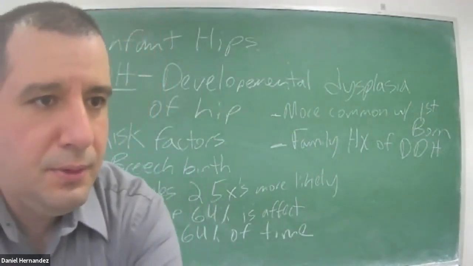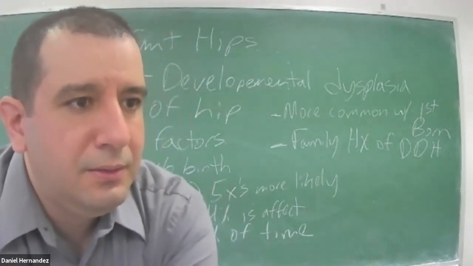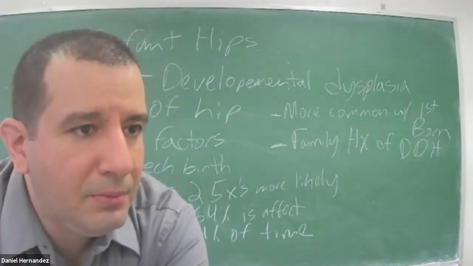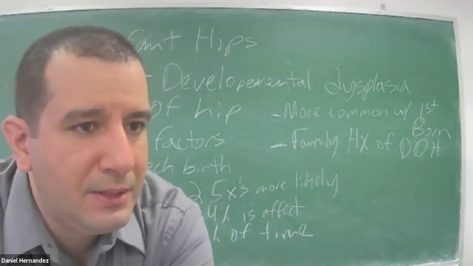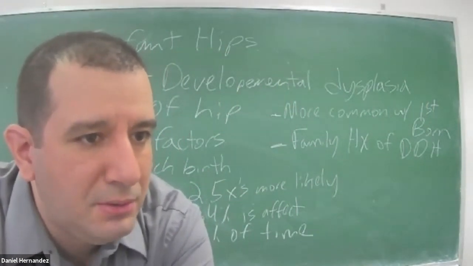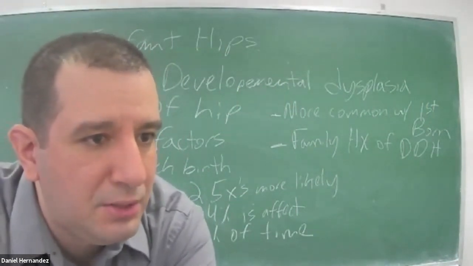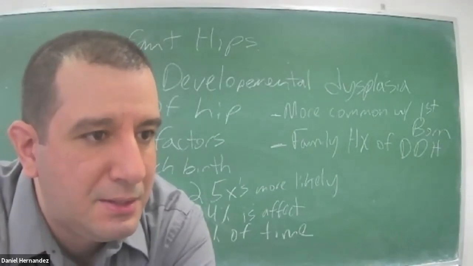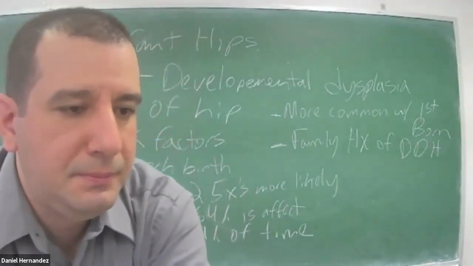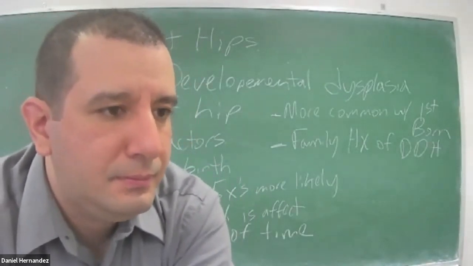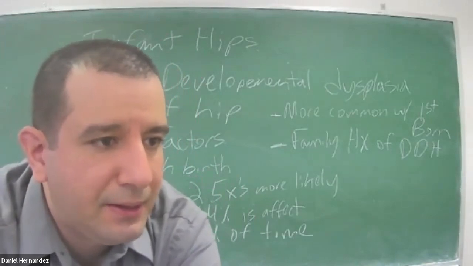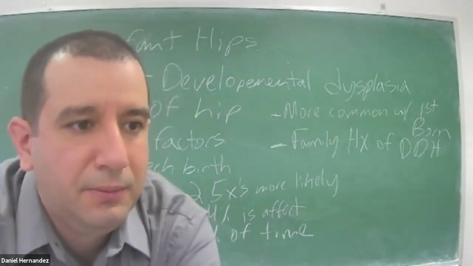So, causes of developmental displacement of the hip. The primary root is thought to be increased laxity within the joint capsule, causing a gradual migration of the femoral head away from the acetabulum. Hormonal, mechanical, and genetic factors are thought to play a role as well.